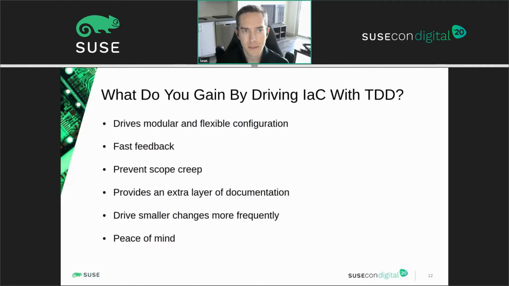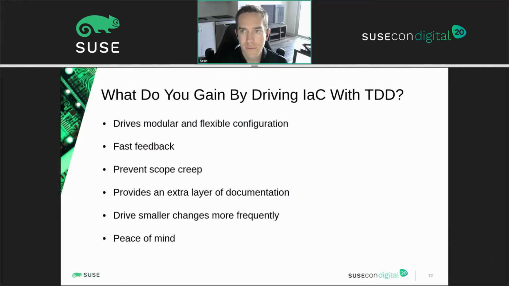Using the test-driven development methodology for IAC can lead to more modular and flexible and extensible definition files. By writing the tests first, it helps you visualize all the distinct requirements and organize them as separate states rather than one big state file. This makes configuration easier to change and easier to reuse.